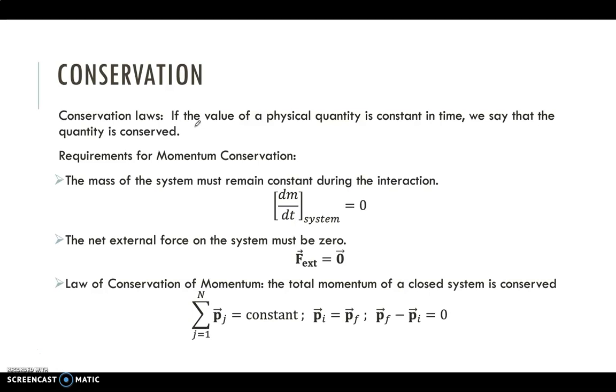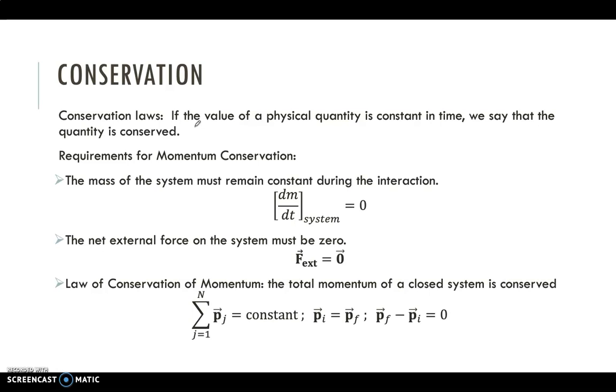And we have some requirements for momentum conservation. First, the mass of the system must remain constant during the interaction. So basically, we have to have some closed system, and that system has to be the same mass the entire time. If we're looking at billiards again, we can't say that one of the balls just left and it's gone now after the collision, like it disappeared.